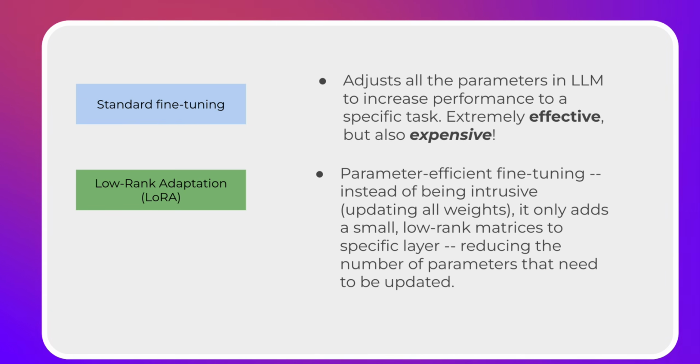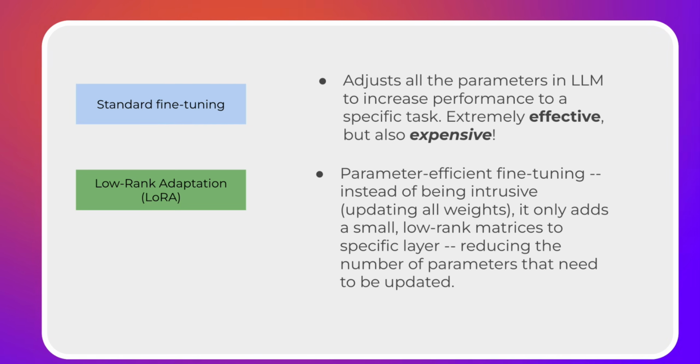That reduces the number of parameters that need to be updated. A large language model has a lot of parameters, and if we reduce the amount we need to update, hence low rank adaptation, we don't deal with the entirety of all the parameters in a large language model.